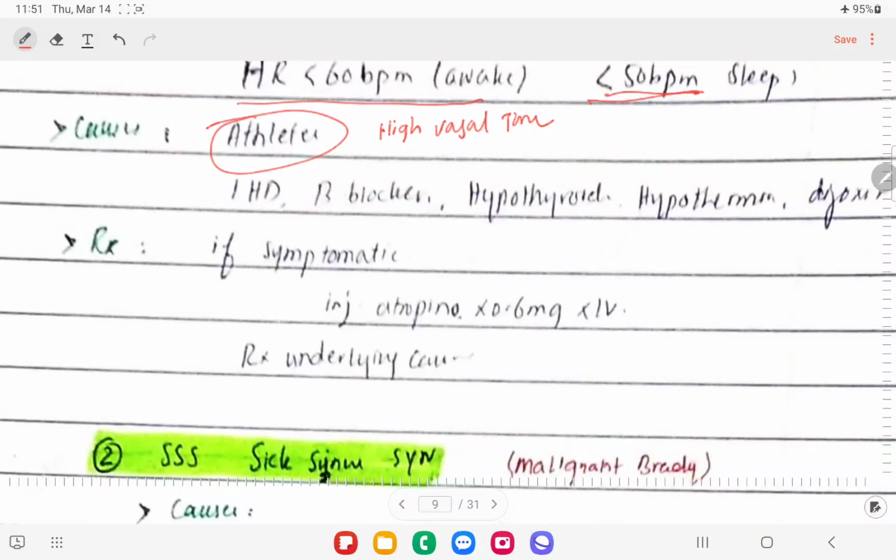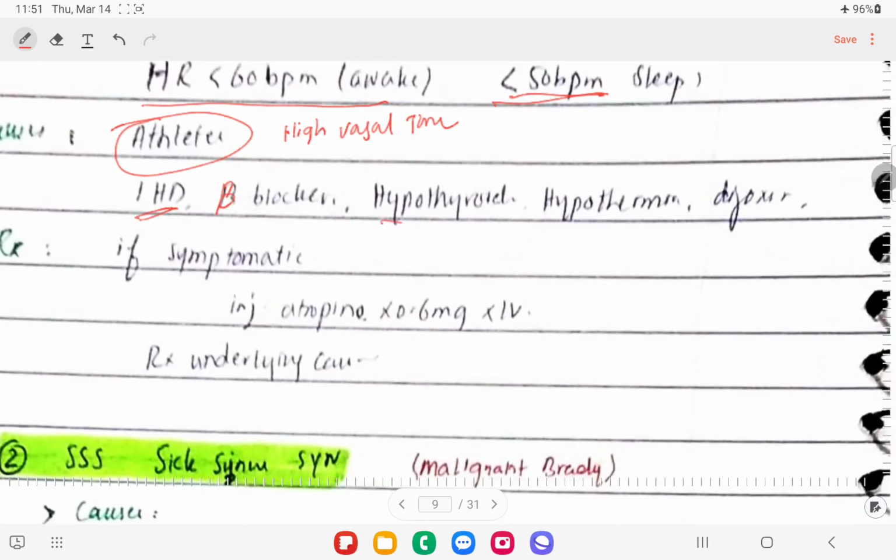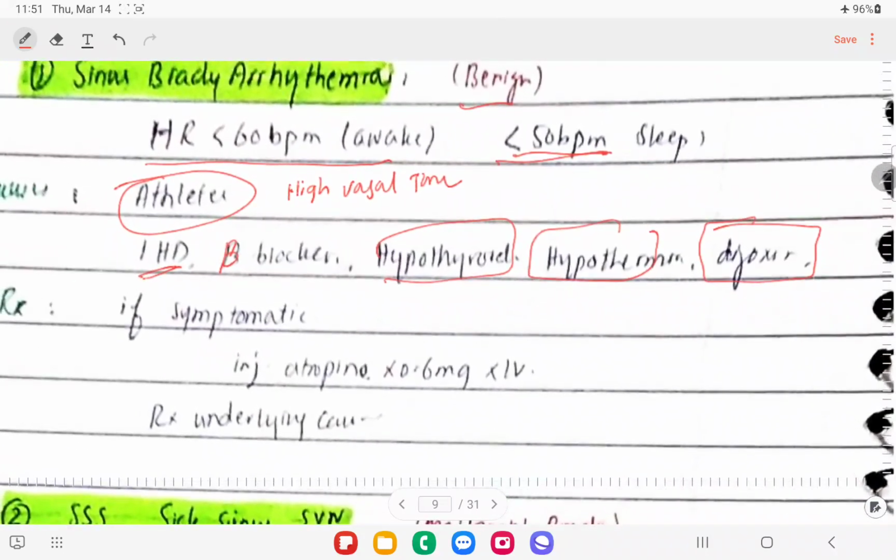Sinus bradycardia can also be seen with ischemic heart disease, if the patient is taking beta blockers, or if the patient has hypothyroidism, hypothermia, and digoxin toxicity. These are the causes of sinus bradycardia.